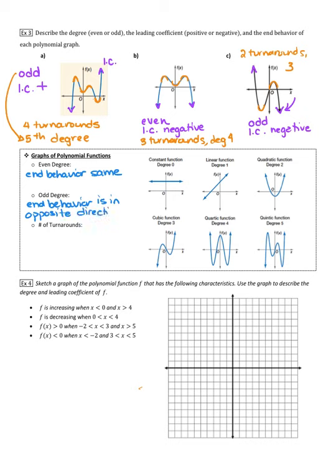And number of turnarounds will always be 1 less than the degree. Make sure that if you say that it's an odd function, you give a degree that is an odd number. So 1 less than the degree.